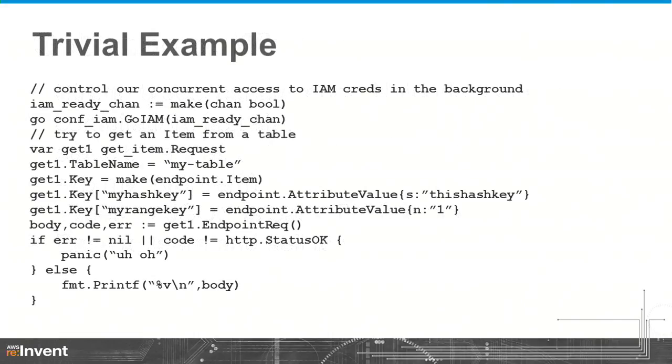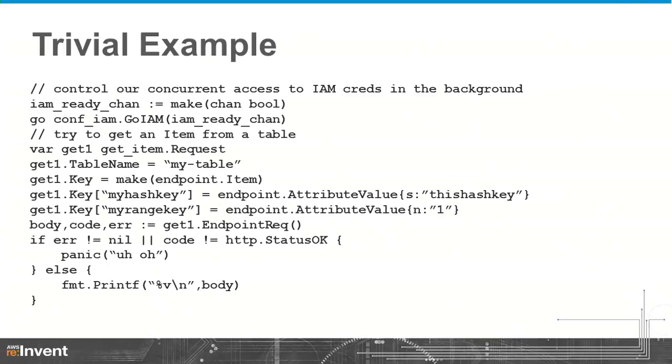So now I'm going to go back to the example we looked at before that was doing a get item request from the command line. This is the same thing, but not with the HTTP proxy, just writing in Go code itself. So the first few lines you see here launch a background thread, which is going to watch for my IAM credentials renewing.